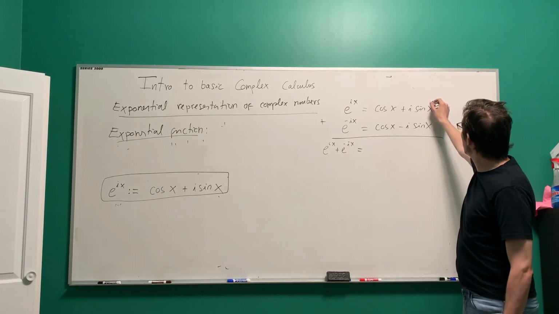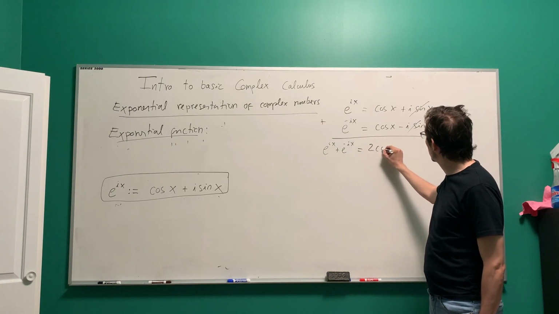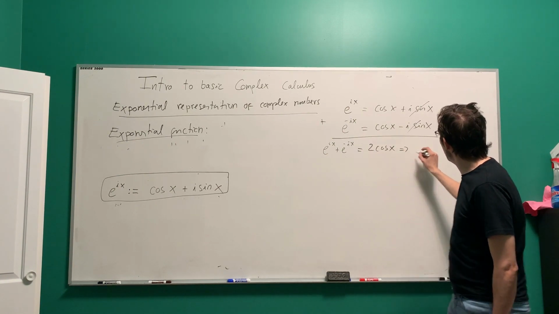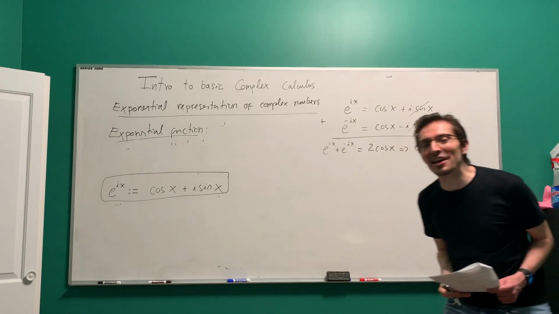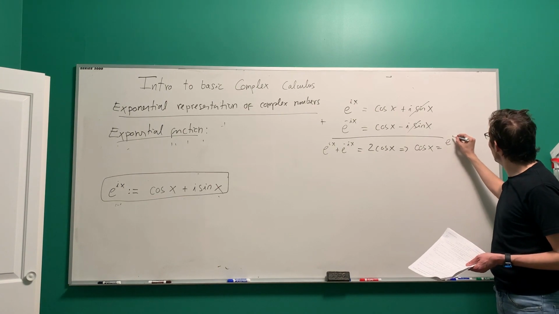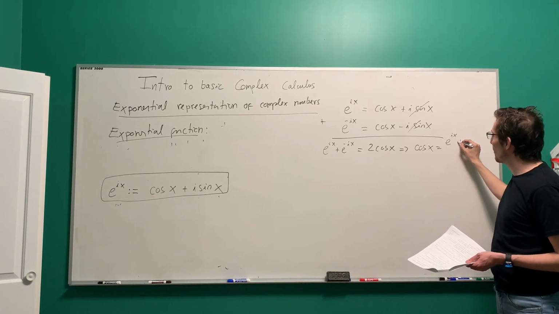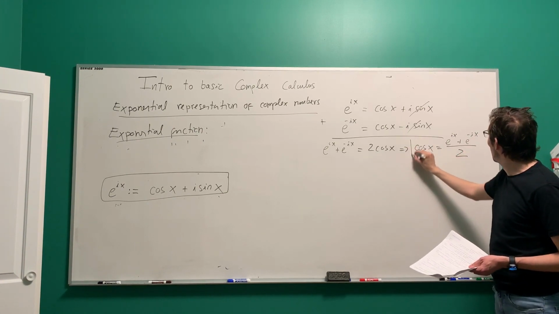The signs cancel, and what I get is twice the cosine of x, which means that the cosine of x, what it actually truly is, is e to the ix plus e to the minus ix divided by 2. Oh, look at that.